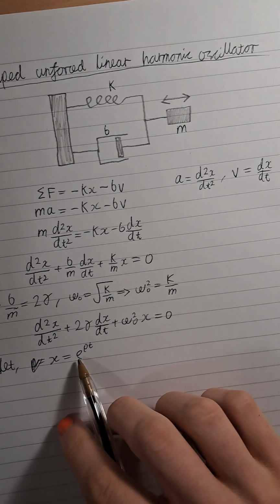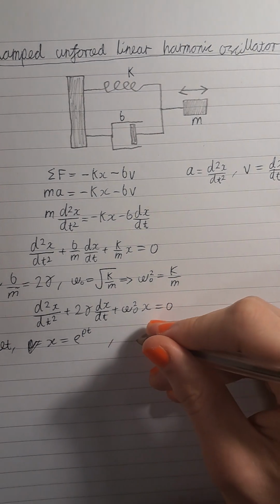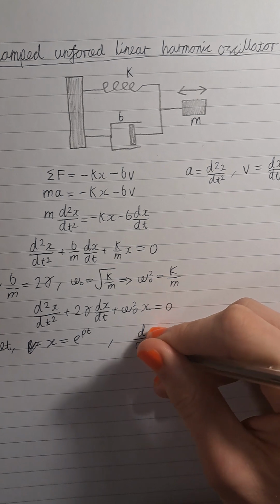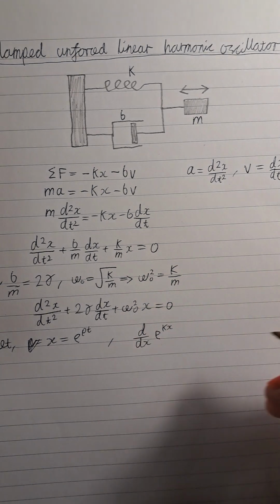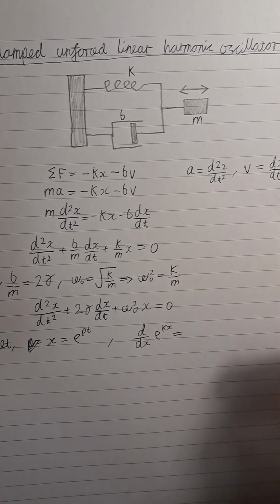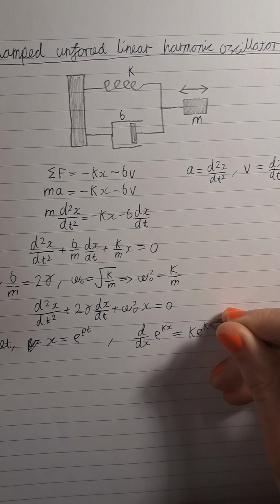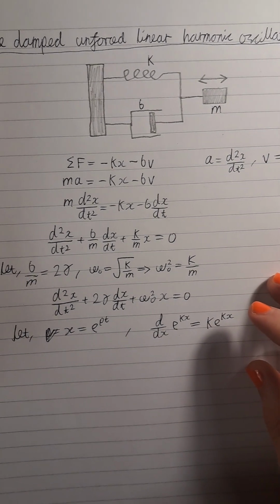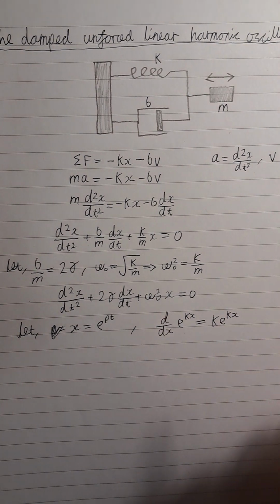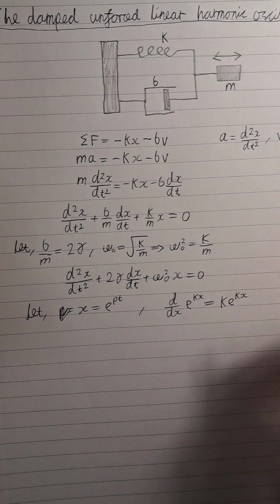We're going to use this exponential because a fun little fact about exponentials is that if you differentiate an exponential, you get the constant term brought down and the exponential stays as it is, which is quite a nice property to have when we want to solve this equation. So we're going to let x be equal to e to the pt.